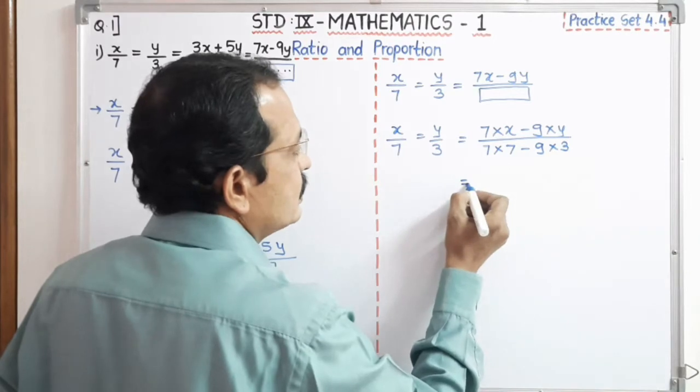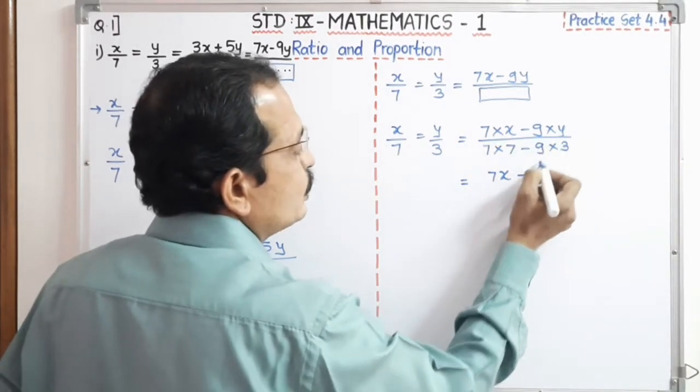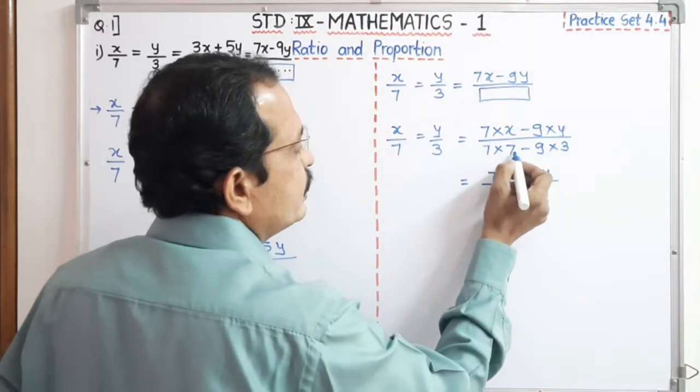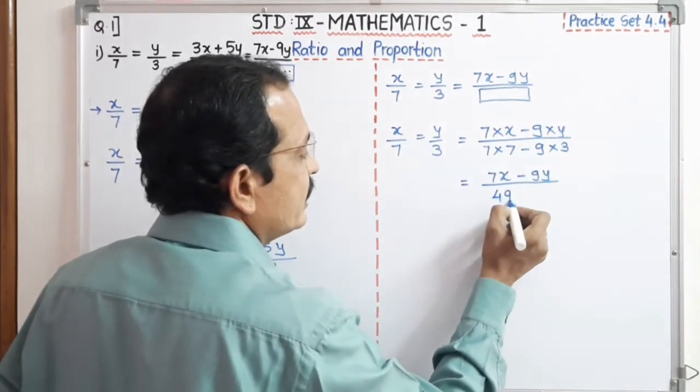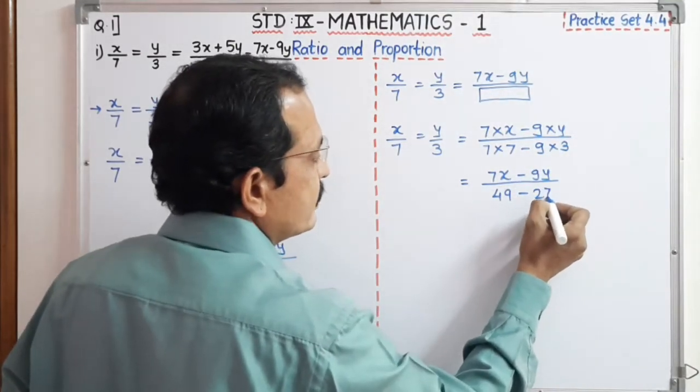Now, dear student, 7 into x, it is 7x, minus 9 into y, it is 9y, and divided by 7 into 7, it is 49, minus 9 3s are 27.